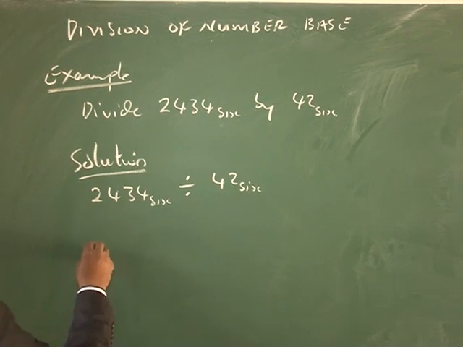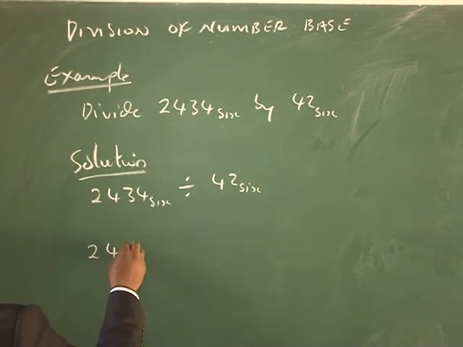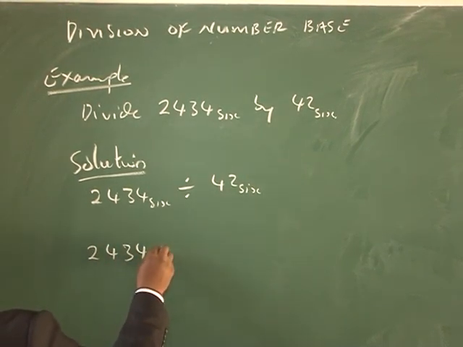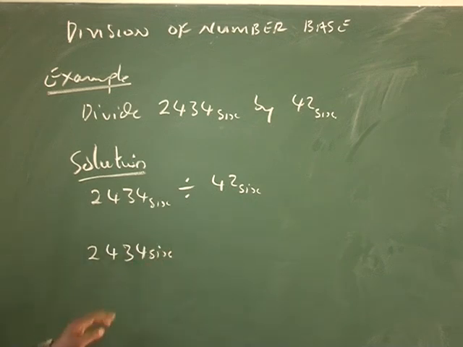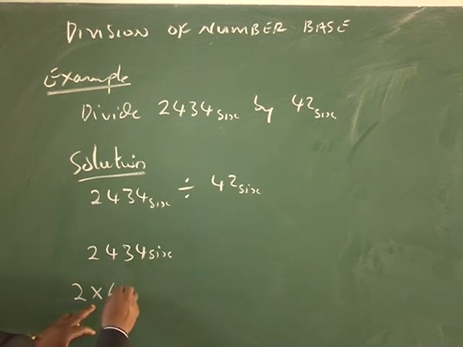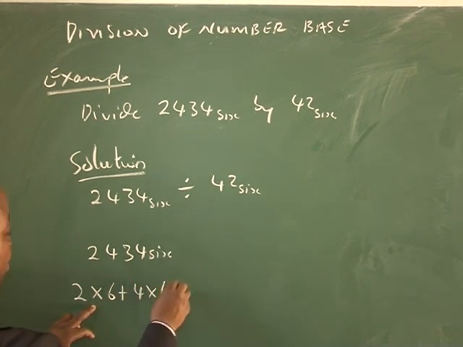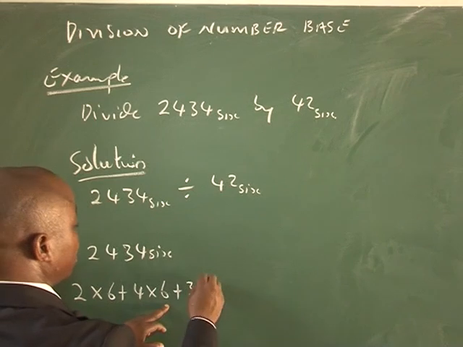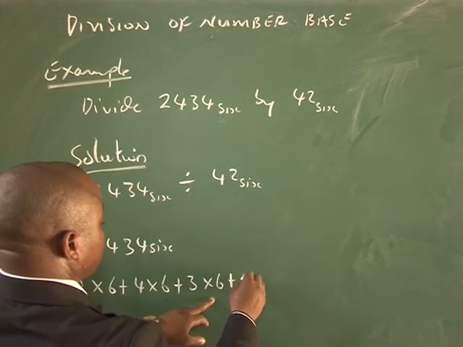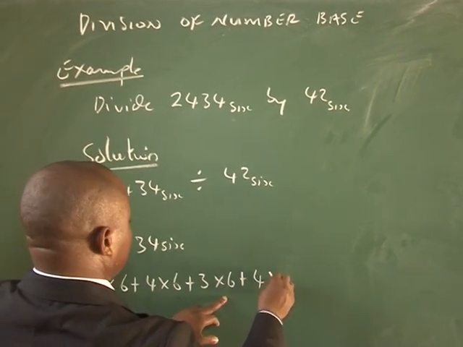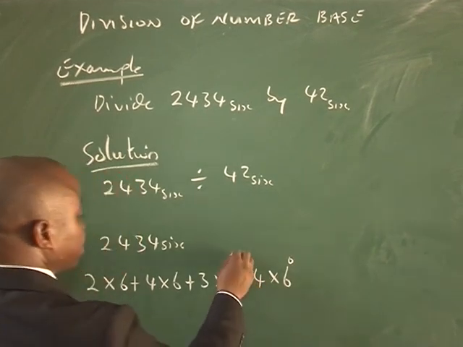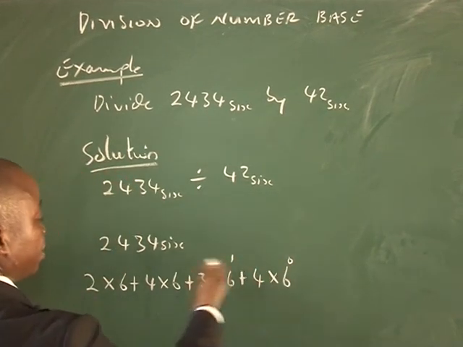First, we are going to convert 2434 base 6 to base 10. We know that can be done by saying 2 times 6 cubed plus 4 times 6 squared plus 3 times 6 plus 4 times 1, raising the power from 0 in increasing order.